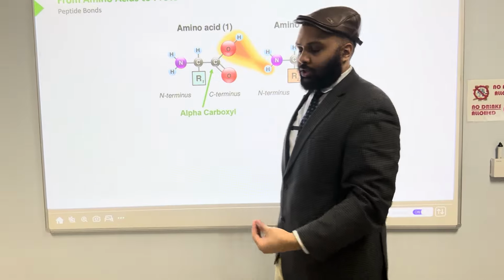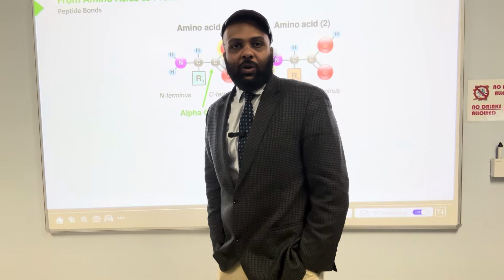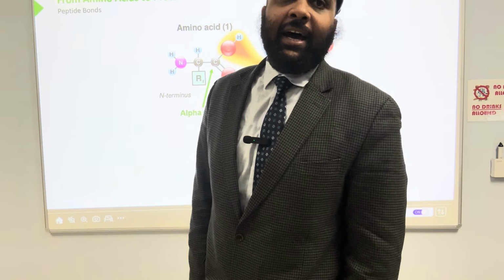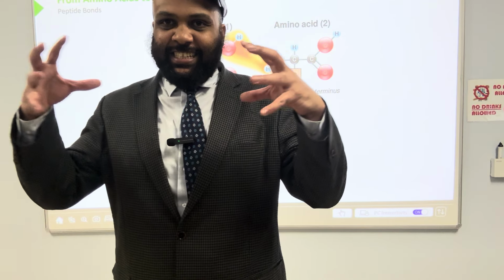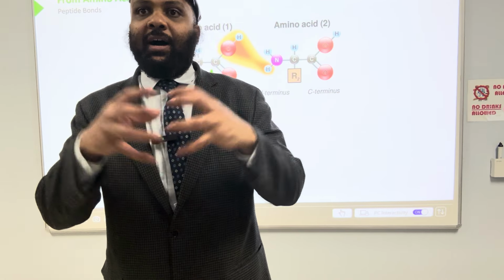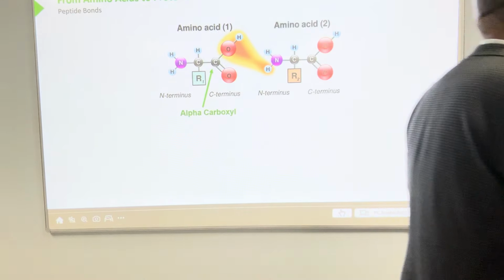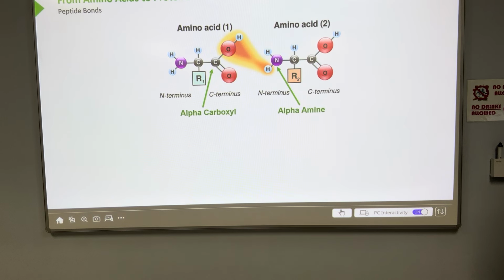We remove water. What do we call that? We call that dehydration synthesis. We made a high energy bond now. So the alpha carboxyl of one amino acid and the alpha amino of the other amino acid. You're not going to make a bond within the amino acid itself. It has to be between two different amino acids.